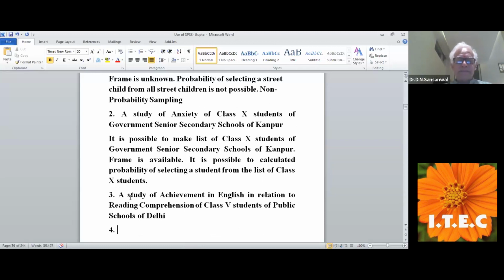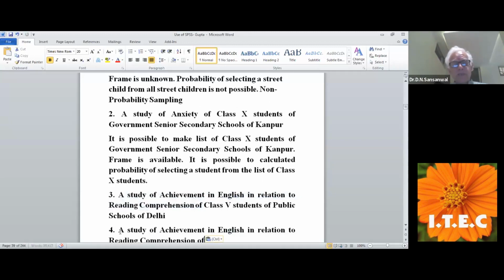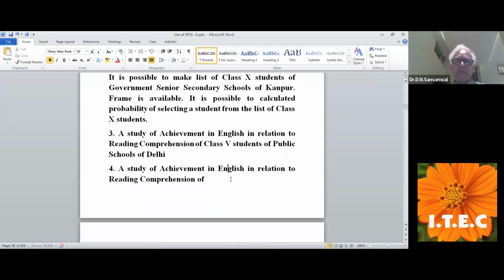The fourth is a study of achievement in English in relation to reading comprehension of school dropouts of Delhi.